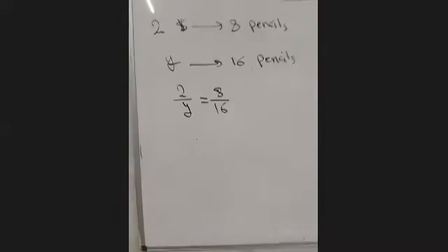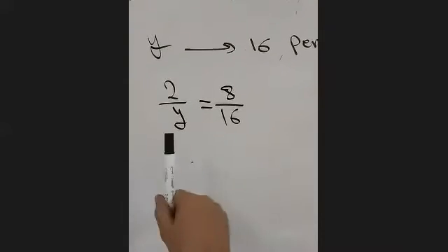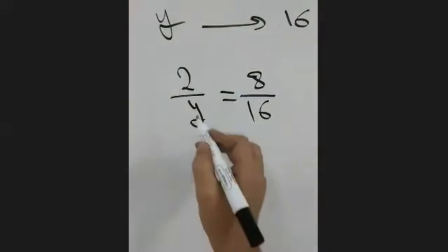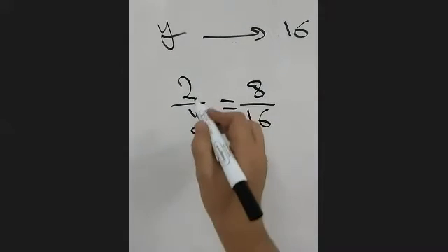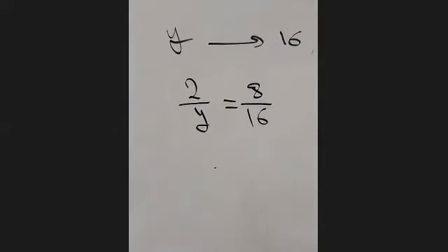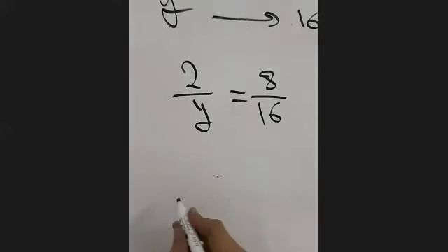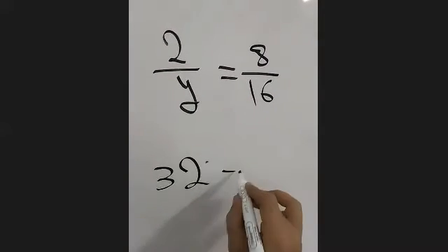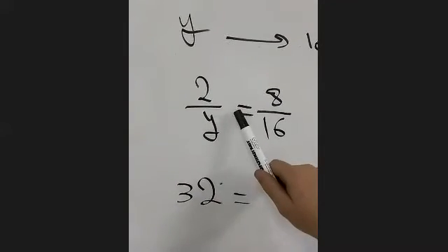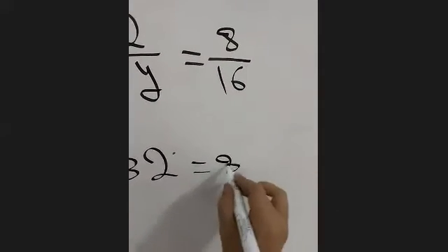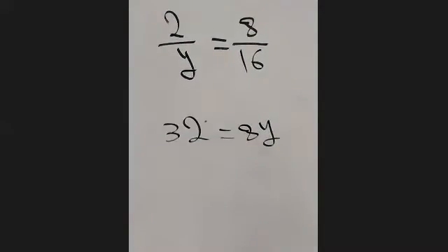Now, after I make my two fractions with equal between them, I will make, as Ammar said, cross product. 2 multiply 16 is 32. Y multiply 8, not y8, always put the number first, 8y.